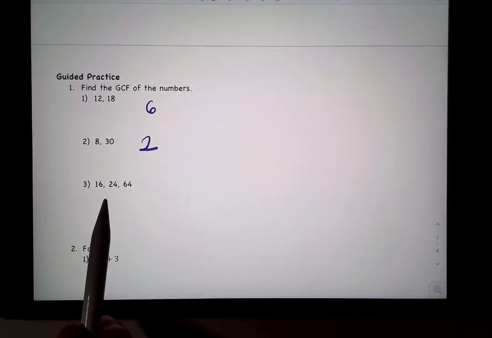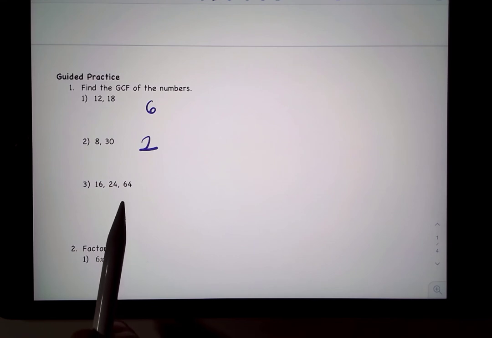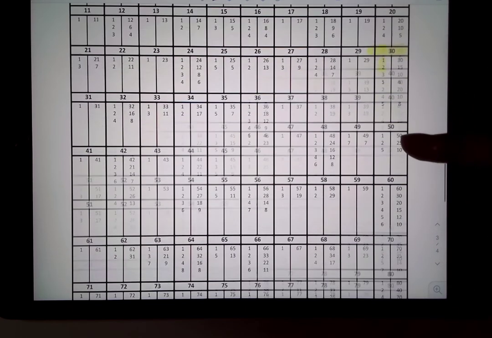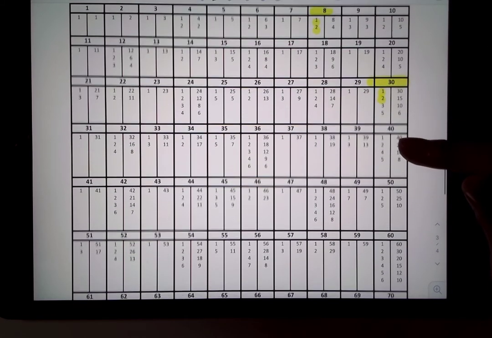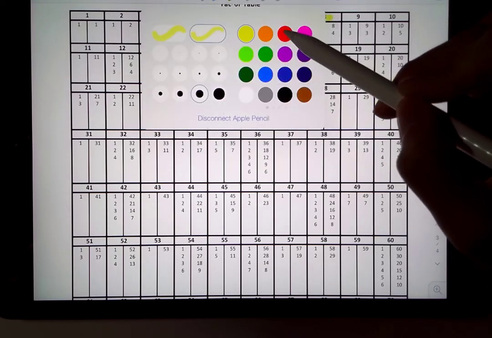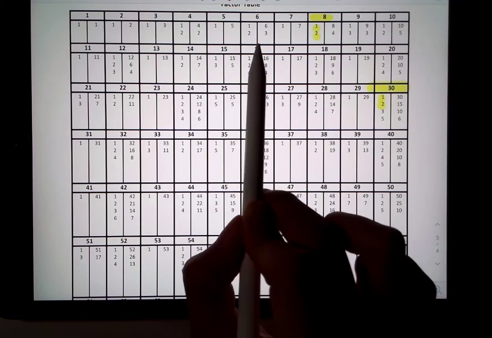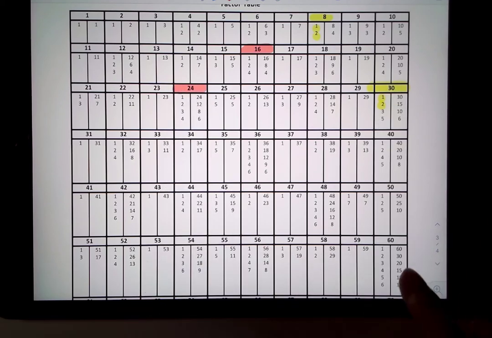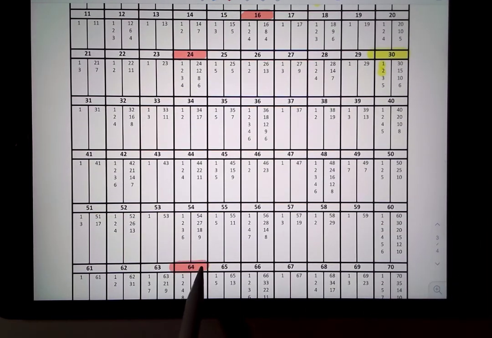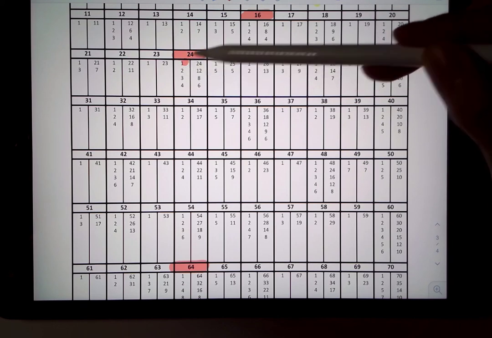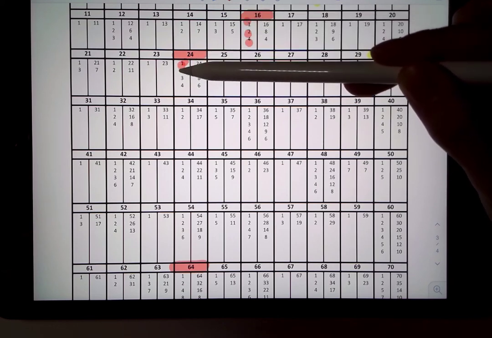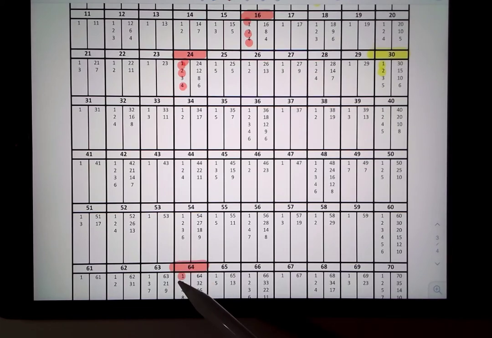And 16, 24, 64. This time you have 3 different numbers, right? So go to the factor table. 16, 24, and 64. We are checking these 3 numbers. The numbers 1, 2, 4 are common, right?